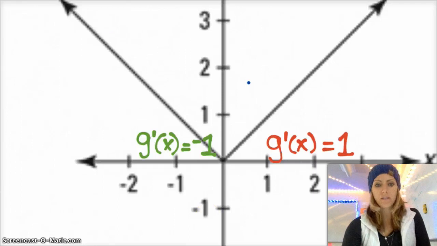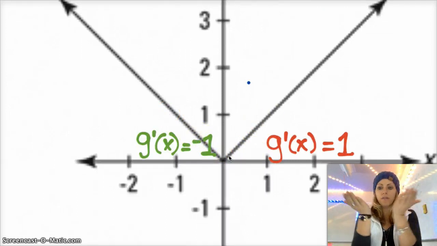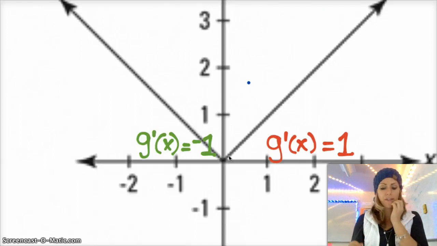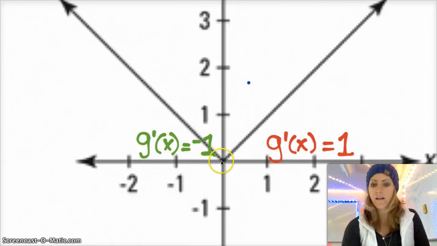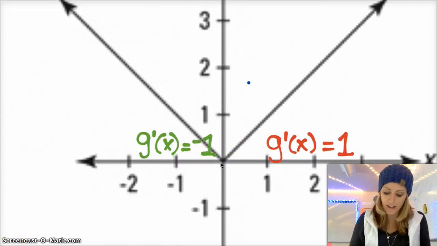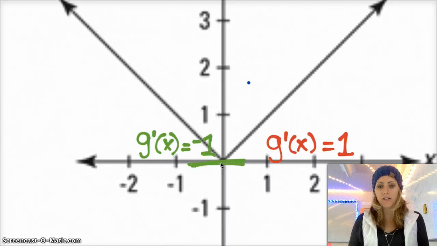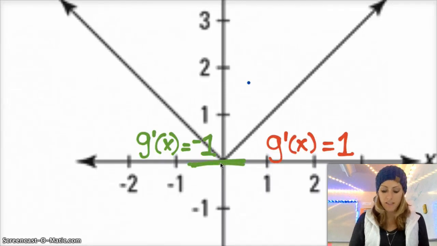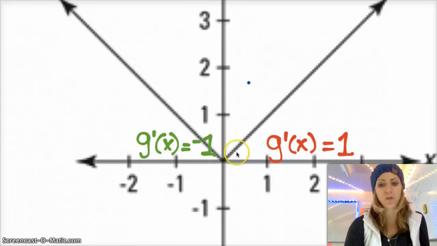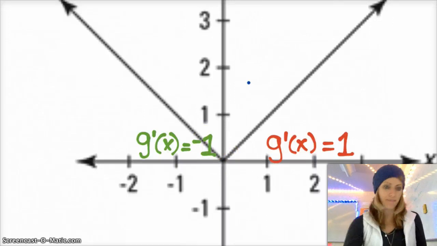So g prime is -1 here and g prime is +1 here, and since it's not a smooth transition where the derivative approaches the same value, the derivative does not exist there. Some people try to make a horizontal line at 0, but that's not the slope at that point. From the right the slope is +1 and from the left it is -1, and they're not the same.